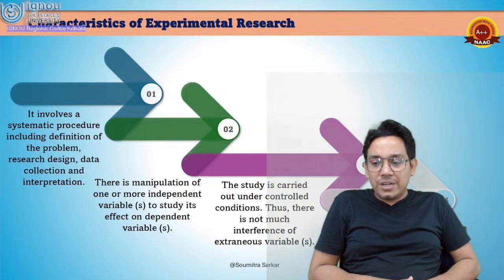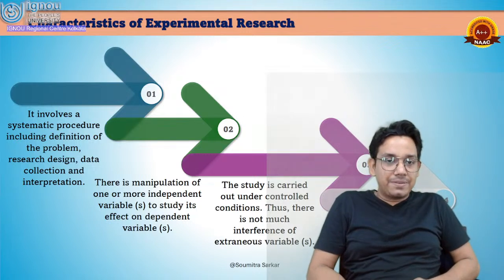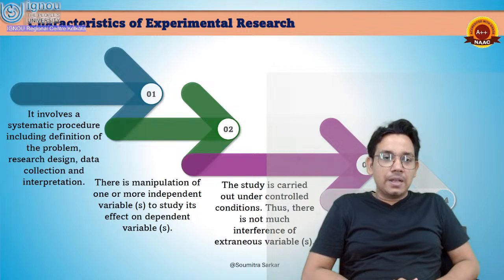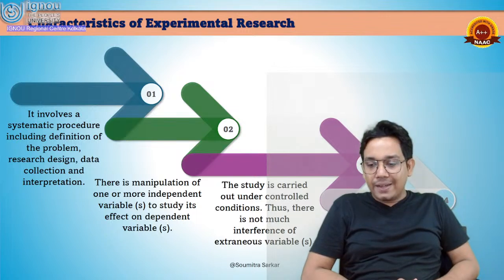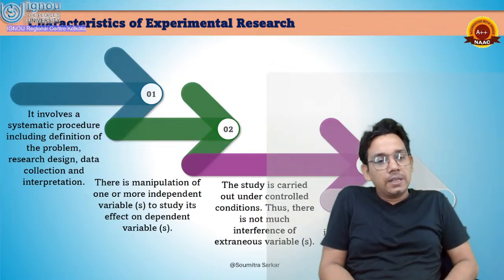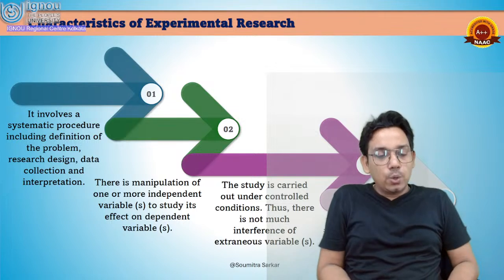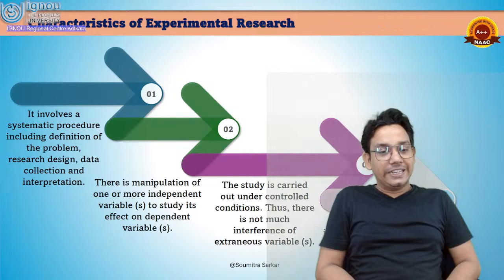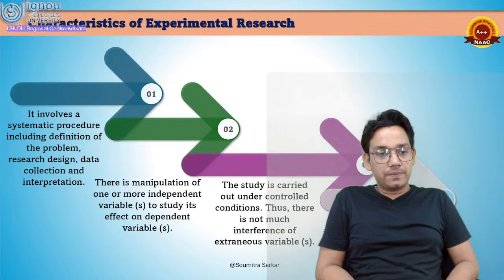Now here I have mentioned the first important type, that's experimental research. Within experimental research I'm focusing on some specific characteristics. What are the characteristics of experimental research? First, it involves systematic procedures including definition of the problem, research design, data collection and interpretation.